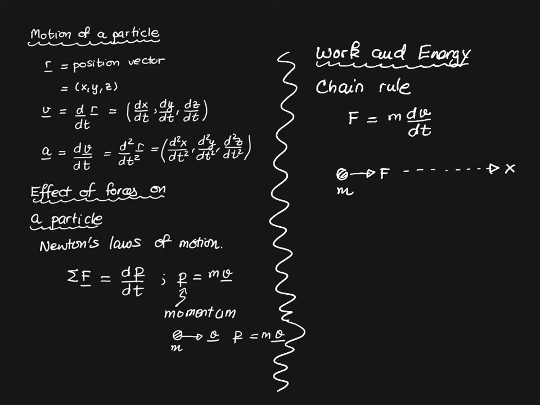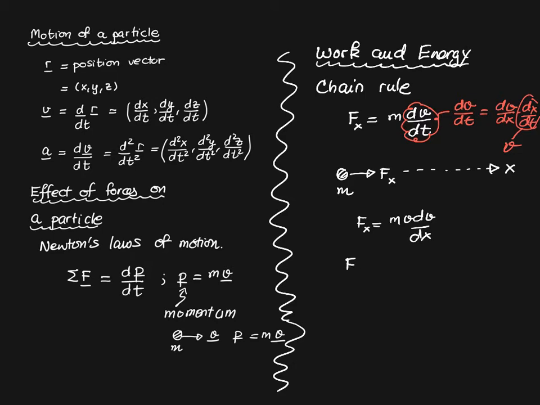We use chain rule to change dv by dt to dv by dx times dx by dt. And this dx by dt is simply the velocity of the particle. So we have F equal to mv dv by dx, and then we put the subscript x on the F in order to denote that this force is along the x-axis.